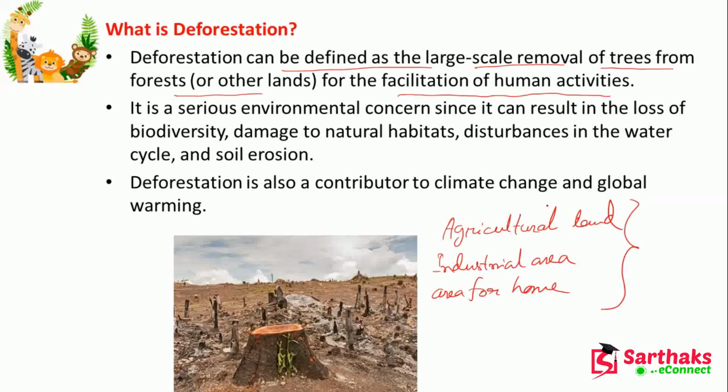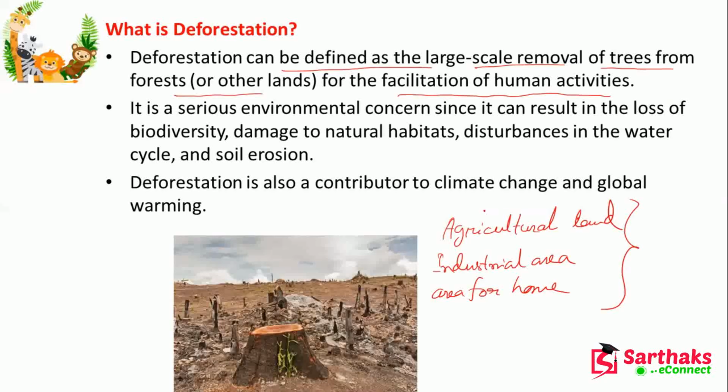But to fulfill these requirements, what we are doing on a large scale is removing our trees. If I'm cutting one tree or two trees, then this will not hamper the ecosystem.